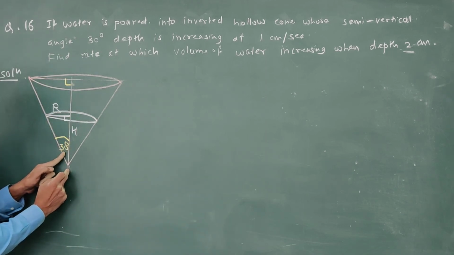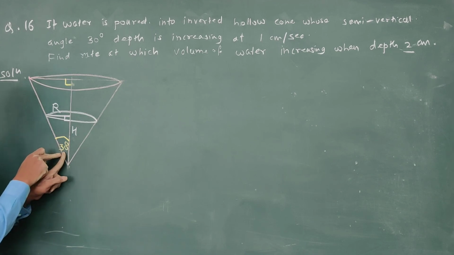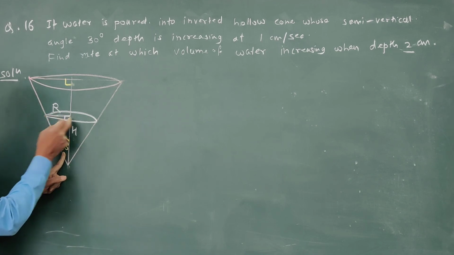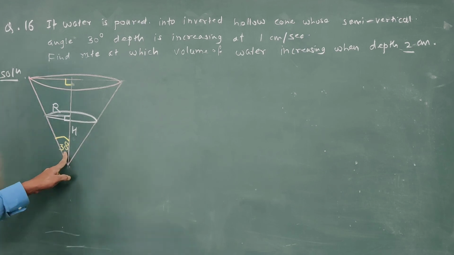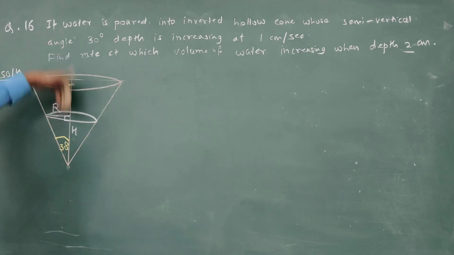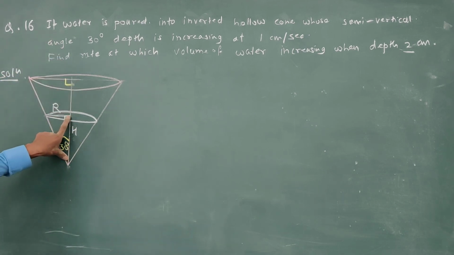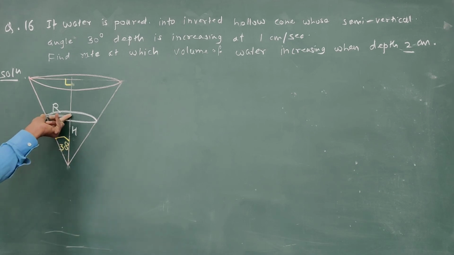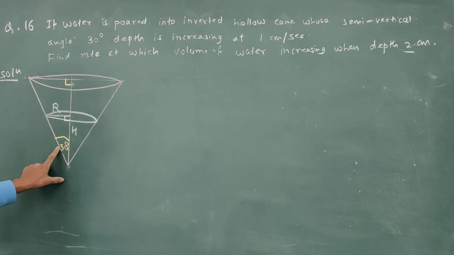Here r is the radius and h is the depth of water in time t. As water fills, the water level is here, so at that time the radius is r, the height h, and this angle is 30 degree.